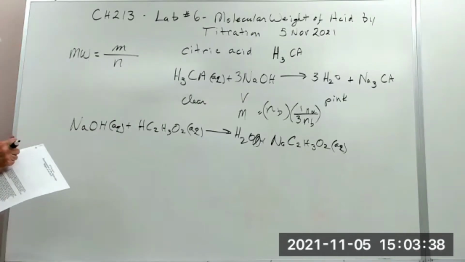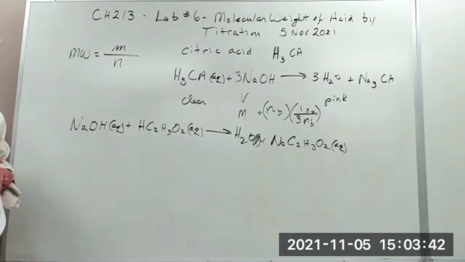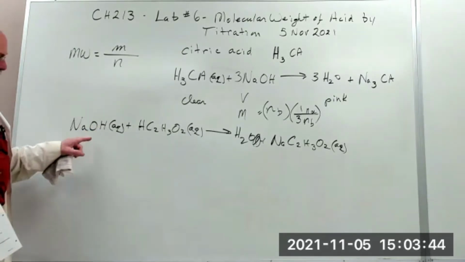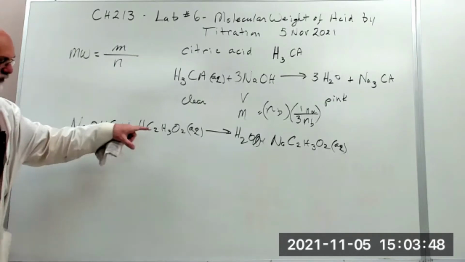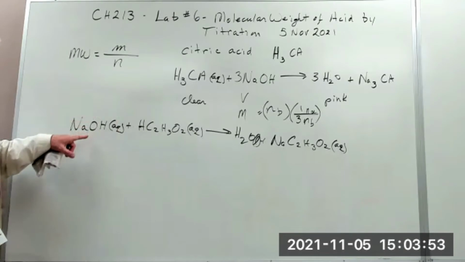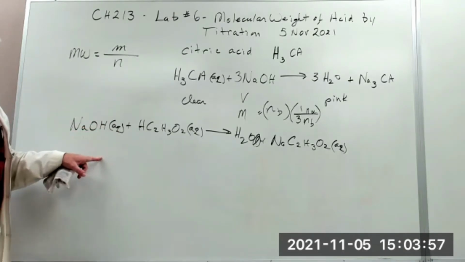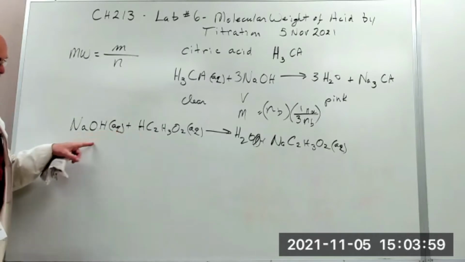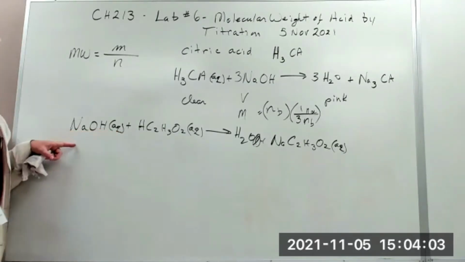Since this one has 1 proton and this one has 1 hydroxyl, the number of moles are equal. If we know the number of moles of this one and add enough solution of this one to equal them out using our indicator, then we know that the number of moles here is equal to the number of moles there. And we know the volume that was dispensed.